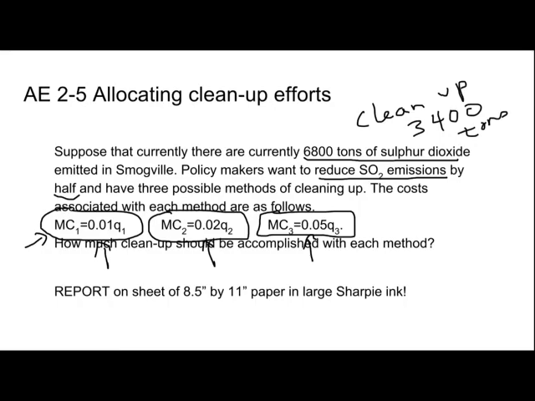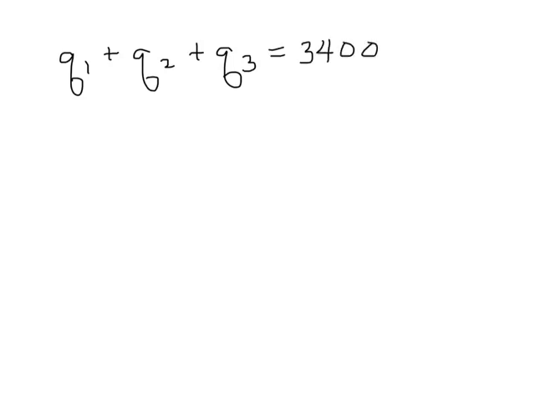Let's just dive in. The first thing you do is to realize that we want to clean up 3,400 tons. So across all three methods, the amount cleaned up is going to have to add up to 3,400. That's a critical insight. Can't do the problem without it, in fact.